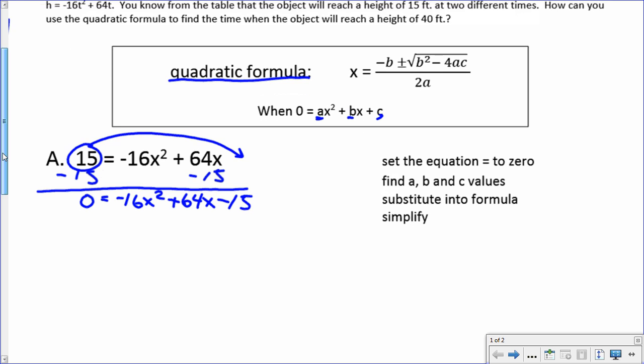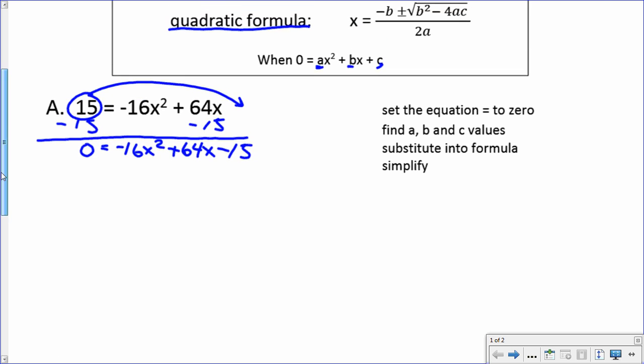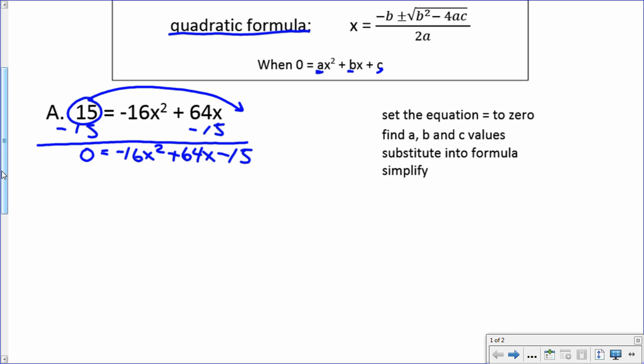Now, at this point, I am going to identify my A, my B, and my C. What number represents A? Negative 16, because it's in front of the x squared. What number is going to represent B? 64, because again, that's the number in front of the single variable x.